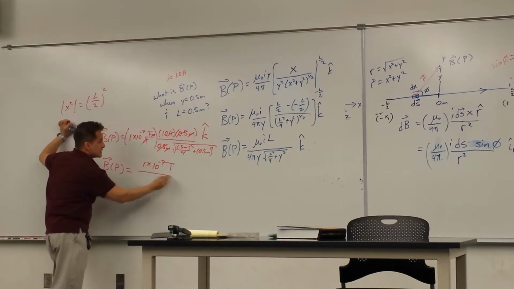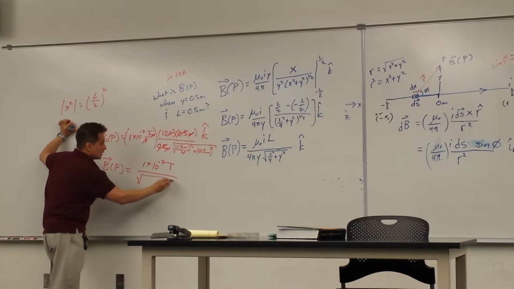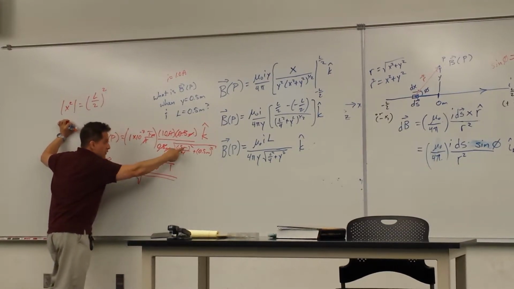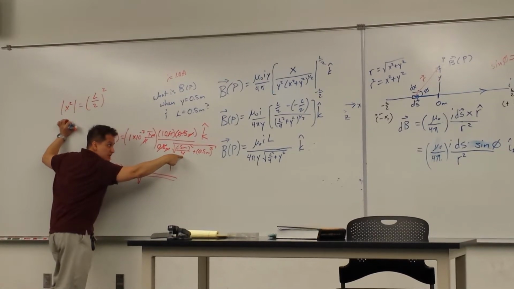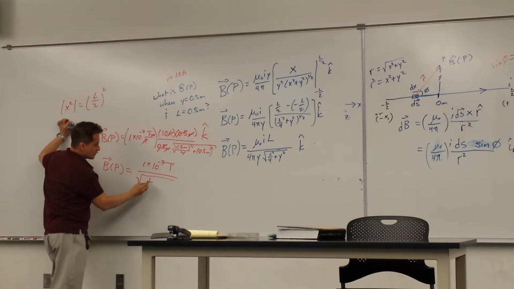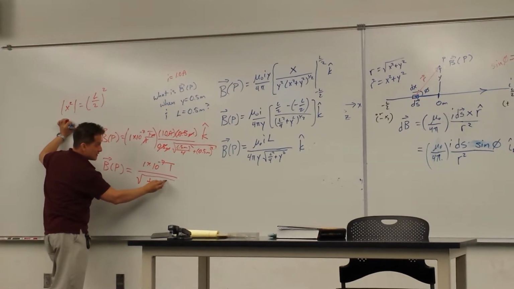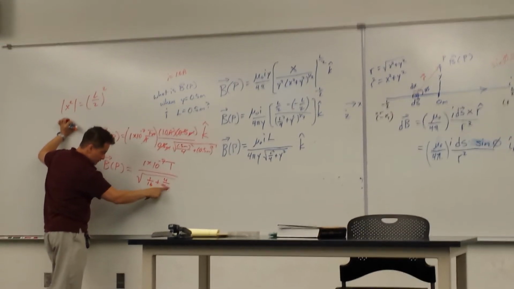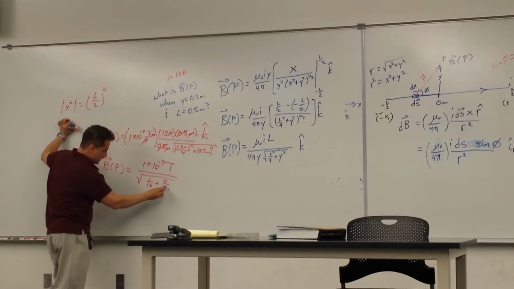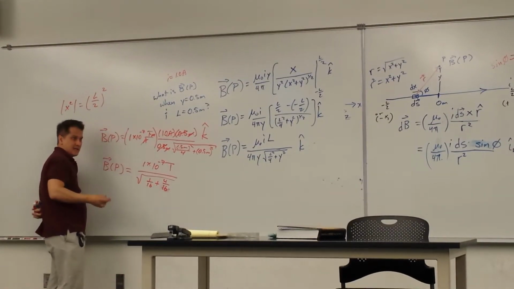So I'm going to have Tesla over the square root of 0.25 times 4, or divided by 4, which is going to be 1/16. I'm going to be left with 1/16 plus 1/4, which would be 4/16. At least I can get that 16 out of there.